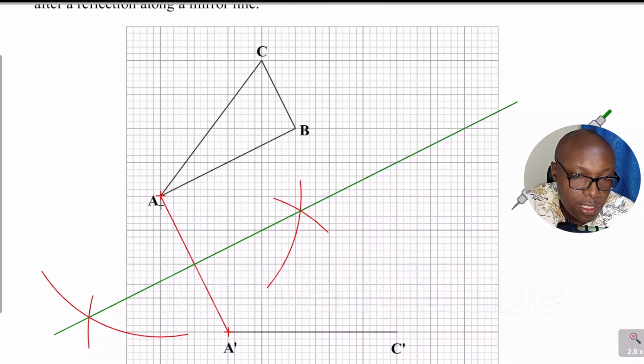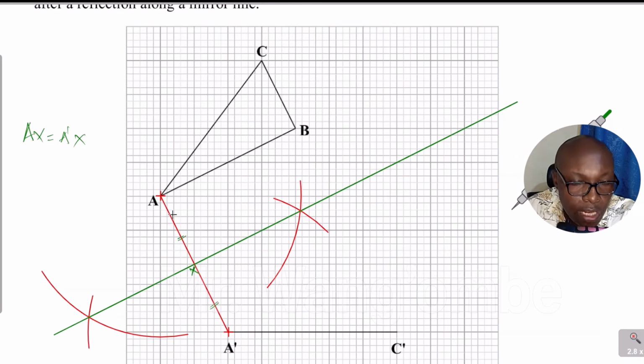Another property is, if I let this point of intersection be X, then AX should be equal to A prime X. These distances should be equal. That means the object point and the image point are equidistant from the mirror line.